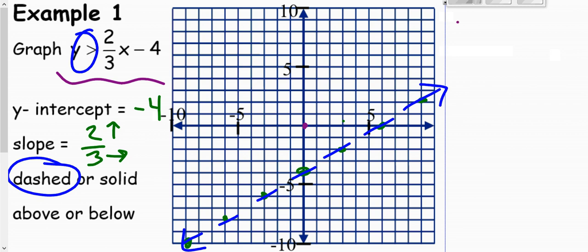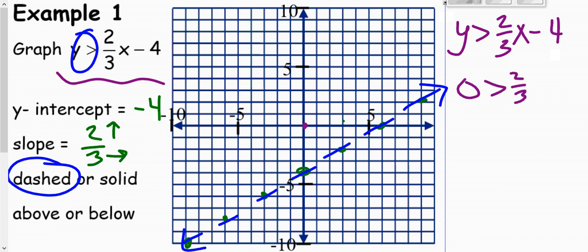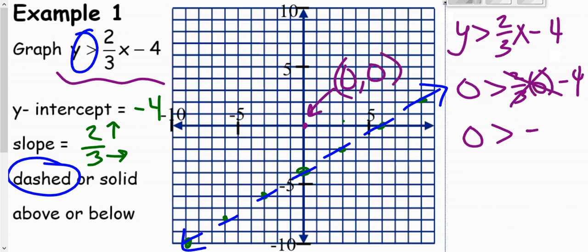So instead of y is greater than 2/3 x minus 4, I'm going to say 0 is greater than 2/3 times 0 minus 4, because that point is 0, 0, right? So 2/3 times 0 will cancel. Is 0 greater than -4? Yes. So we're going to shade that side of the line.